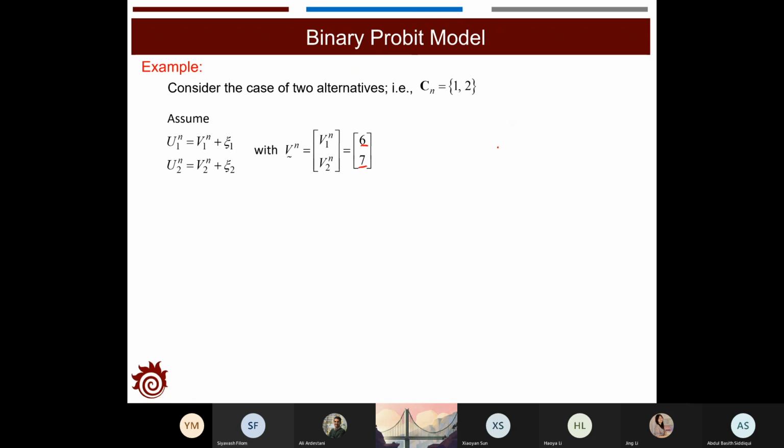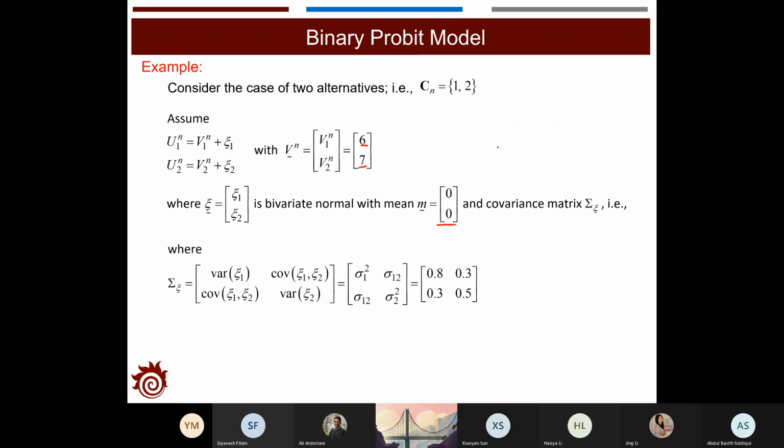We are also provided with the distribution of the random terms as a bivariate normal distribution with mean 0 and a covariance matrix: sigma 1 square is 0.5, sigma 1 2 is 0.3, and sigma 2 square is 0.5. Then we can calculate the probability of choosing alternative 1.